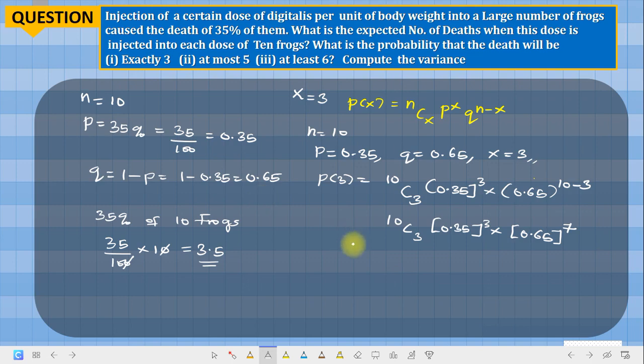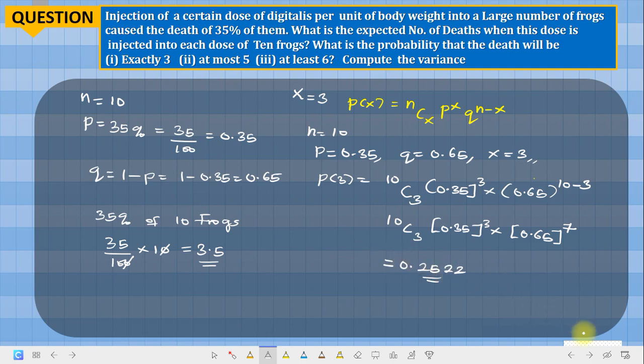So our answer to this question is 0.2522. That's the probability that exactly 3 will die. Now the next question is the probability that at most 5 will die.